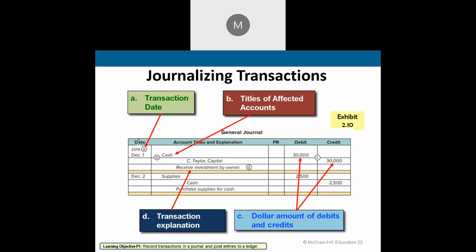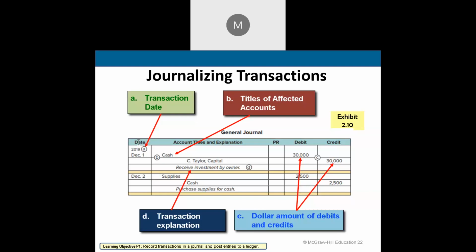Very next day, the company bought some supplies using cash. We debit supplies, $2,500. We credit cash, $2,500. We increased supplies and we decreased our cash.